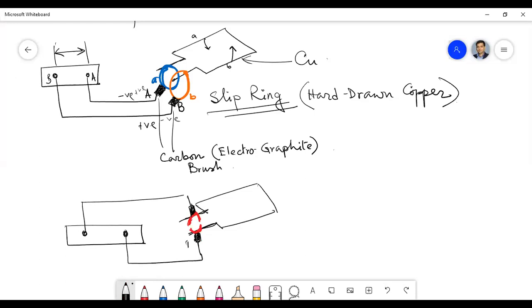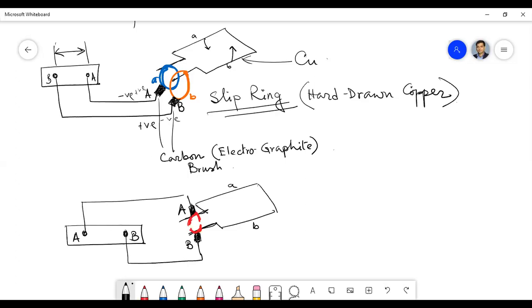So here also we have B brush, A brush, this is the B terminal, this is the A terminal, and these are the coil sides.